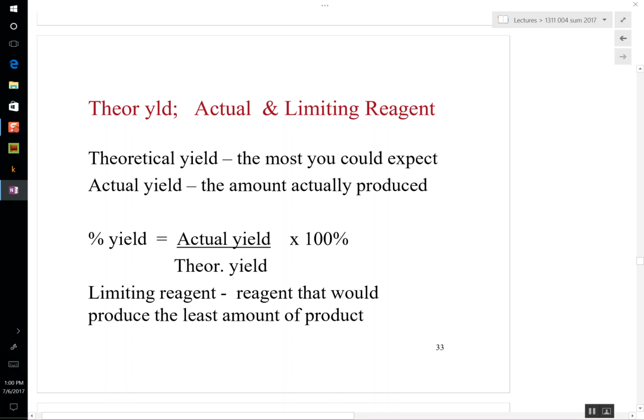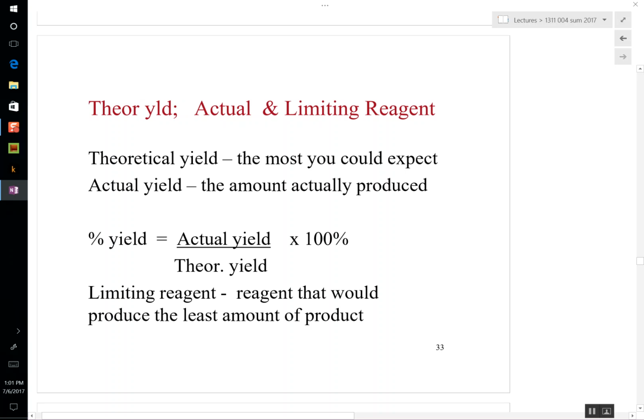Not air. Didn't run out of air. But that's one of the reactants. Here's your gasoline, it's reacting with oxygen in the air to form carbon dioxide, water, and energy.